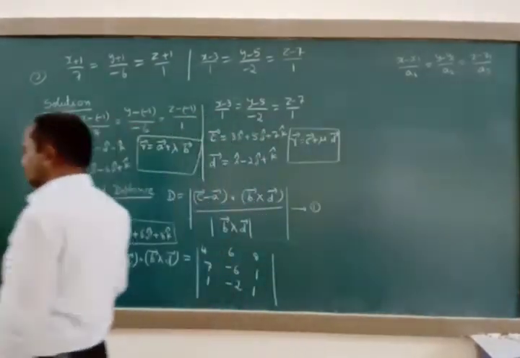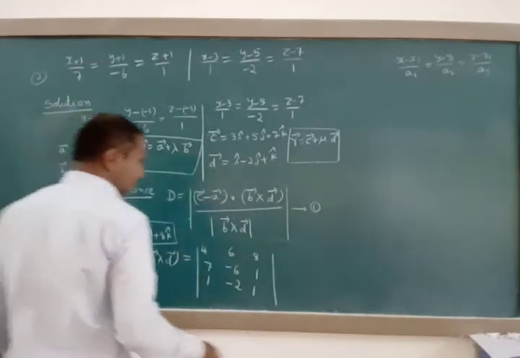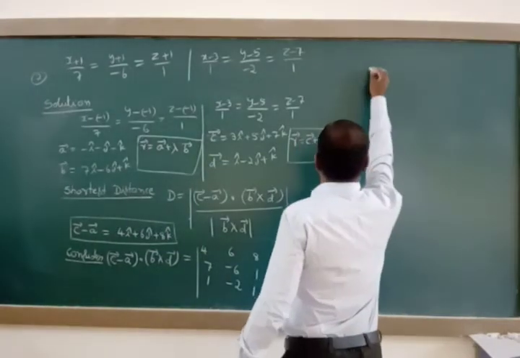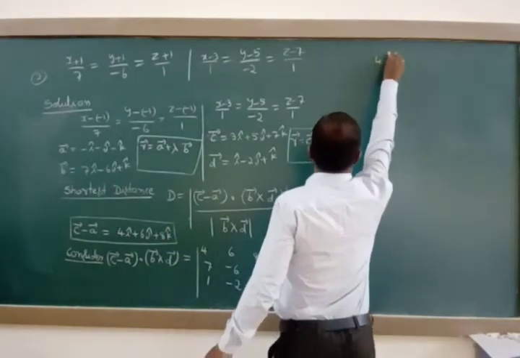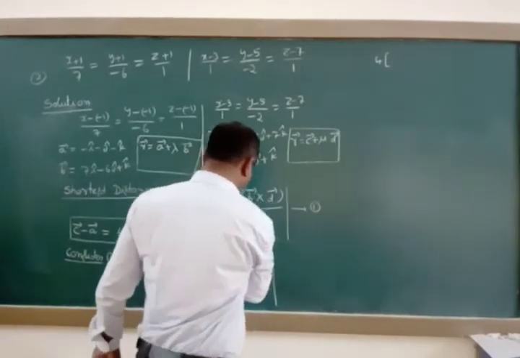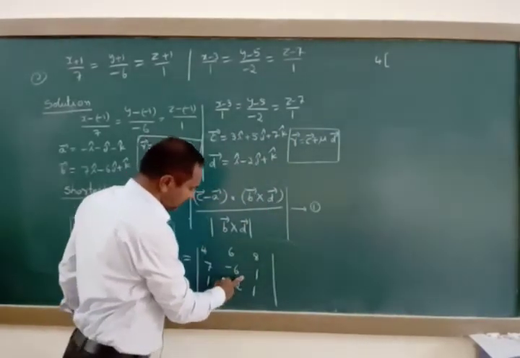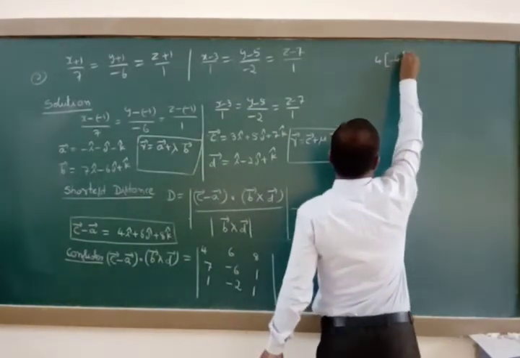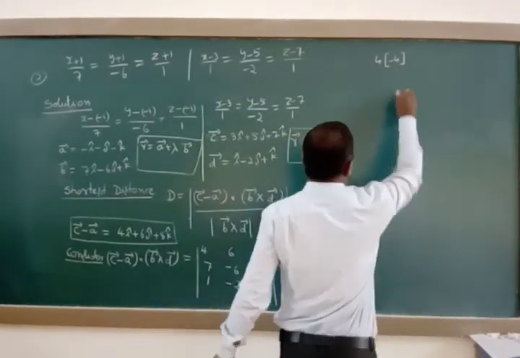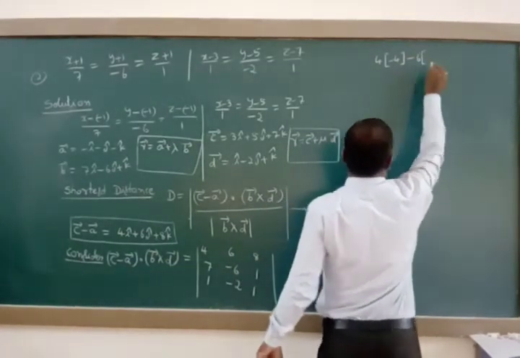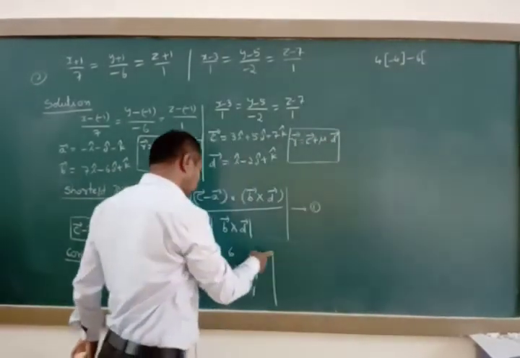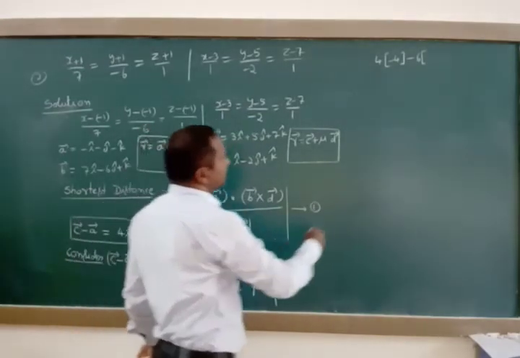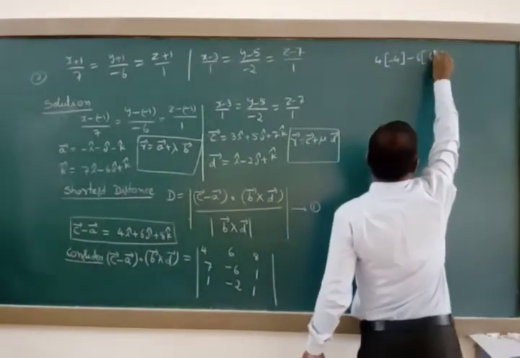Expanding with respect to the first row, I will get some value. Four into, deleting row and column, minus 6 plus 2, minus 4. Next, minus 6 into, deleting the corresponding row and column, 7 into 1 is 7, 7 minus 1 is 6.